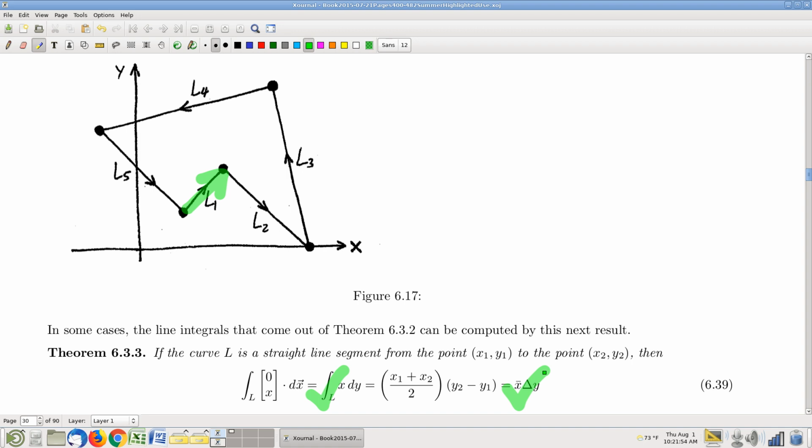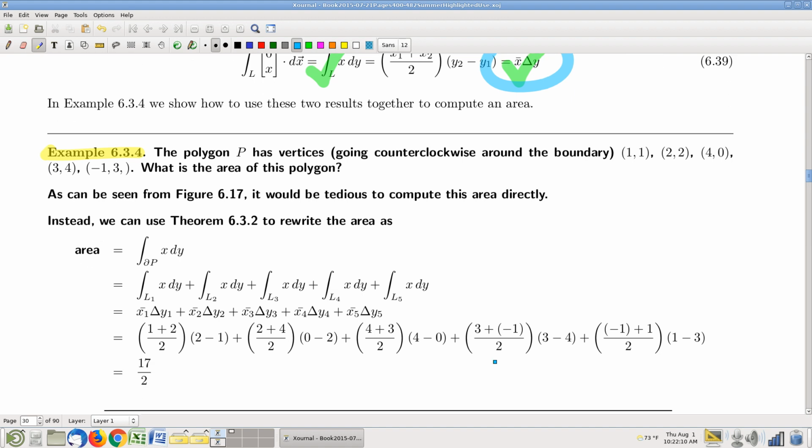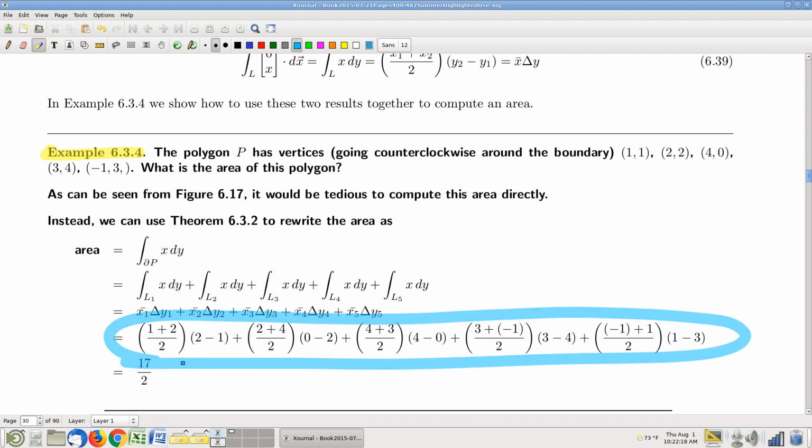So really all I have to do is add up 5 line integrals, but that just means I'm adding up this formula 5 times, applied to the vertices of these 5 different edges. There's a bunch of little arithmetic in here, but applying that to the polygon above gives you this arithmetic. It's a little annoying, but it's 4-function arithmetic. It's pretty straightforward. And there's your answer.